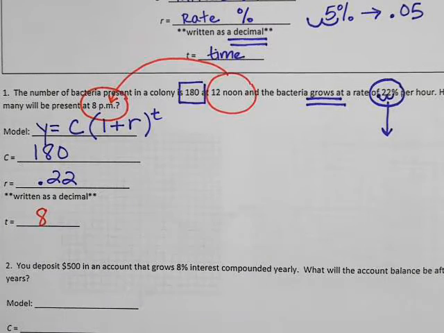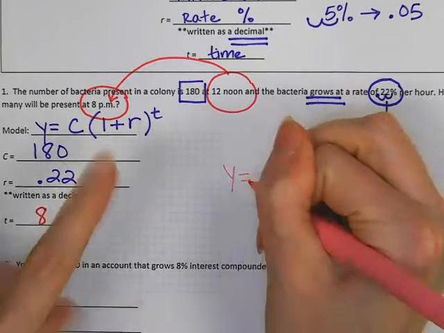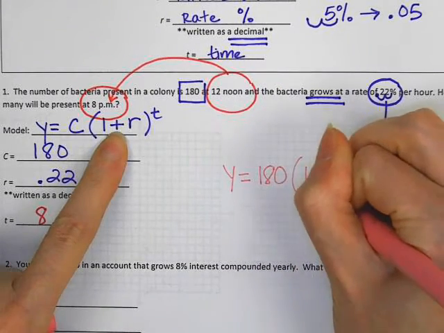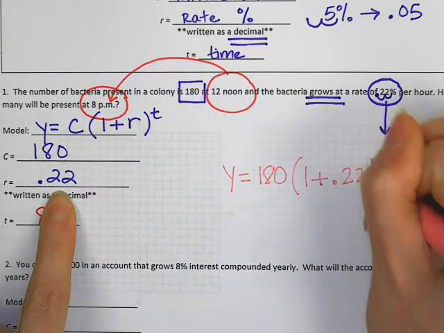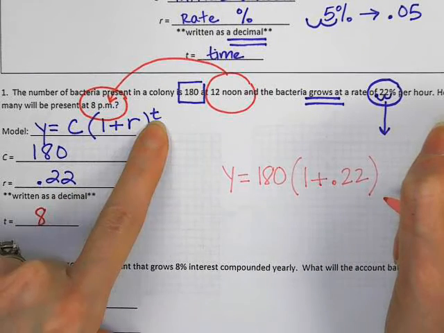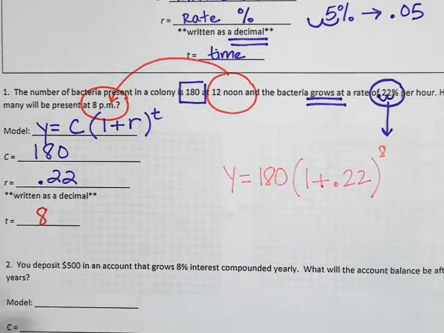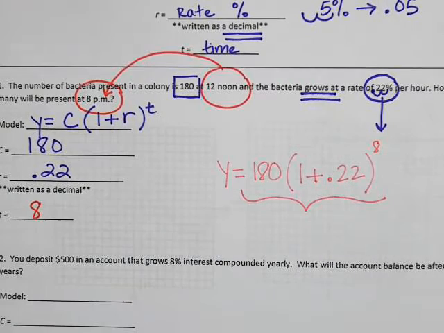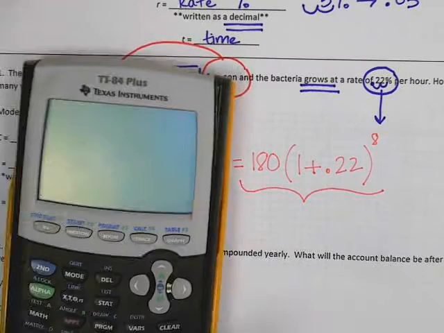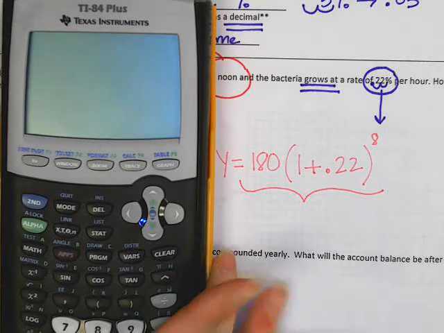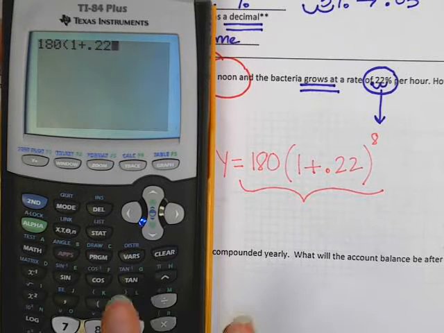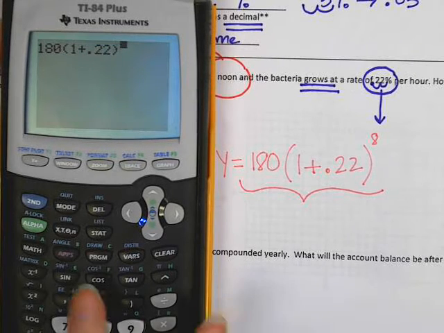Okay, let's plug everything in and solve. So it's y equals C, which is 180, times 1 plus r, which is 0.22, raised to the t power, so raised to the 8th power. All you guys have to do is type this in the calculator and let's see how much bacteria we have now. So 180 times 1 plus 0.22, parentheses, raised to the 8th power.